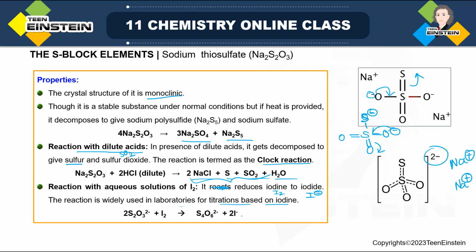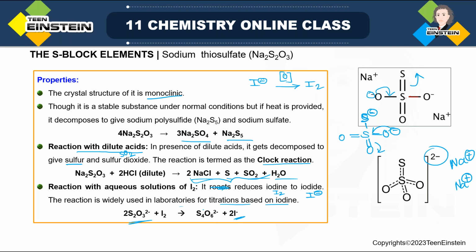Suppose first there is iodide. It is reacting with some strong oxidizing agent such as KMnO4. So after oxidation, it is converted to iodine. Then this iodine can again react with this reducing agent Na2S2O3. It is converted to I minus.